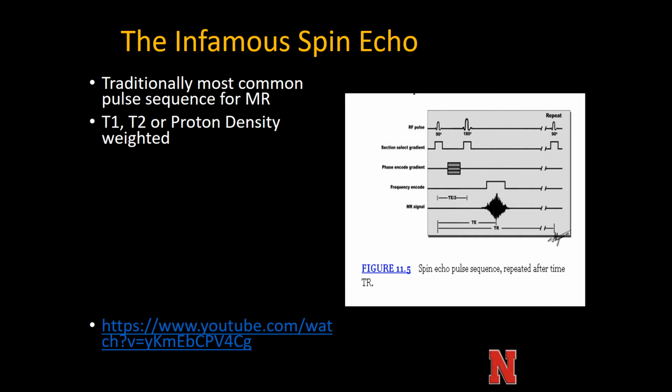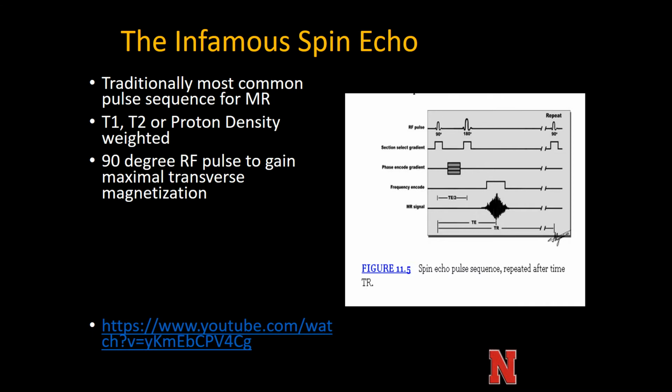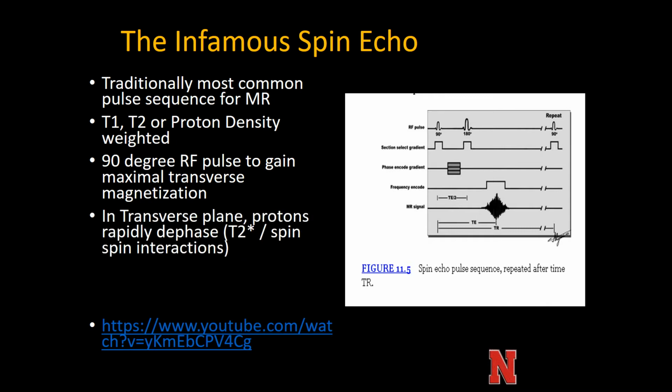Again, I'm going to show a video real quick because I think really having a basic foundational knowledge of what a spin echo sequence is is very important. All of them are pretty much the same. They start with a 90-degree RF pulse, which gains maximum transverse magnetization. And why is that? Well, once you get into the transverse plane, all those protons rapidly push apart and dephase because of those T2 effects and those T2 star effects.